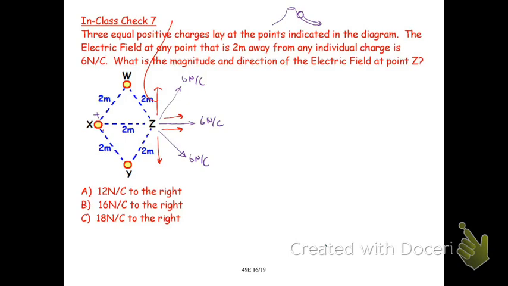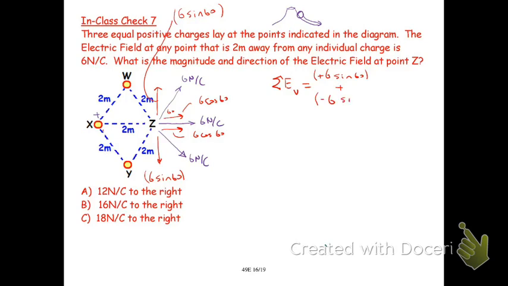And I know that this is going to be 6 sine 60. And I know that this is 6 sine 60, because that is 60 degrees. And I know that this is 6 cosine 60, and that is 6 cosine 60. So I say the sum of the electric fields vertically is equal to 6 sine 60, and that's positive because it's pointing upwards, added to minus 6 sine 60 because that one's pointing downwards, and that equals 0 newtons per coulomb.